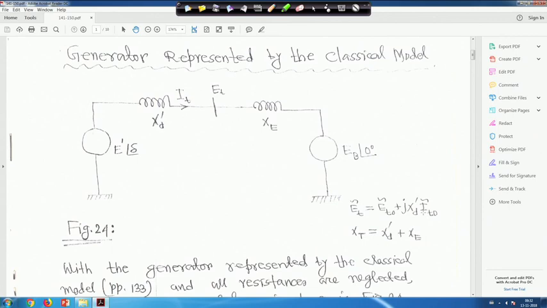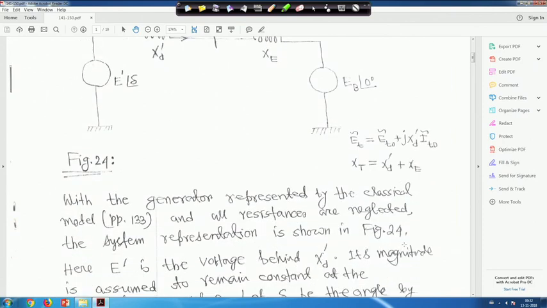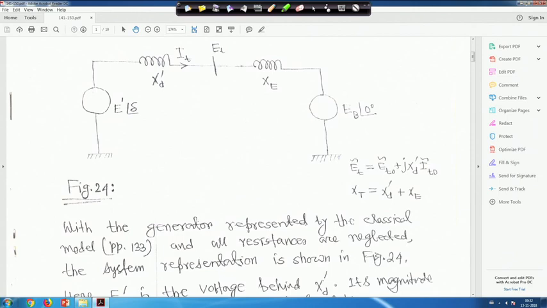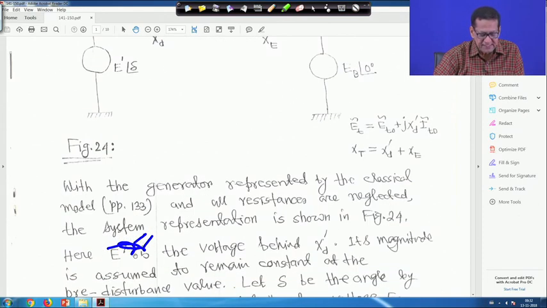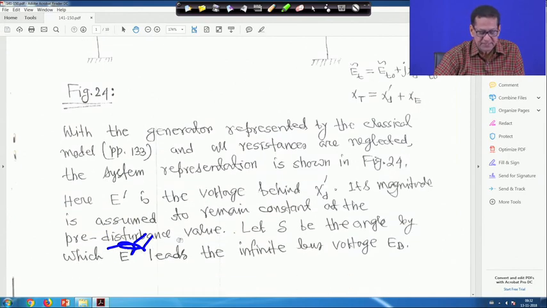I have told this in the previous phasor diagram, and total x t is equal to x d dash plus x c. Therefore, with the generator represented with the classical model and all resistances neglected, the system representation is shown in figure 24, where E dash is the voltage behind x d dash, whose magnitude is assumed to remain constant at the pre-disturbance value.